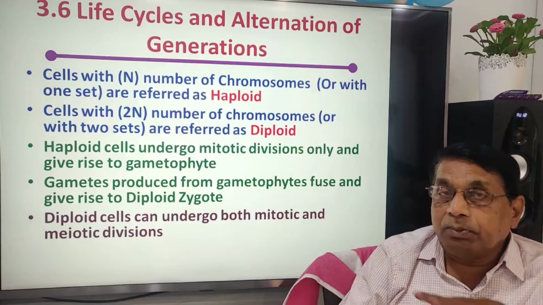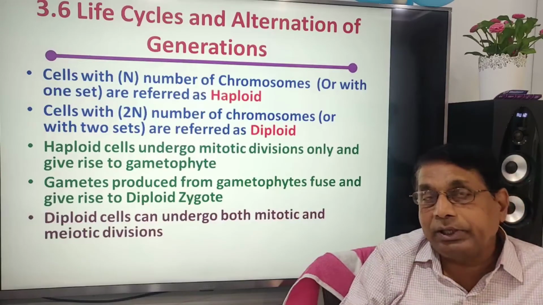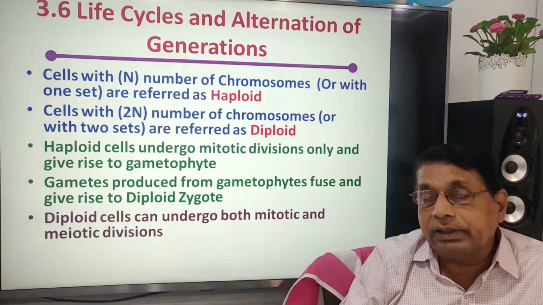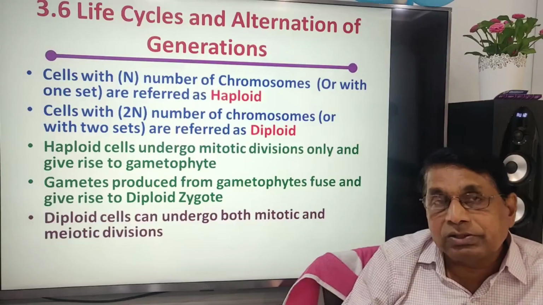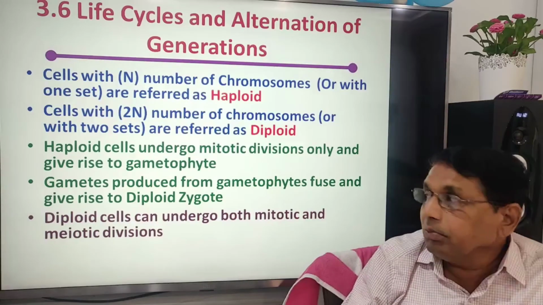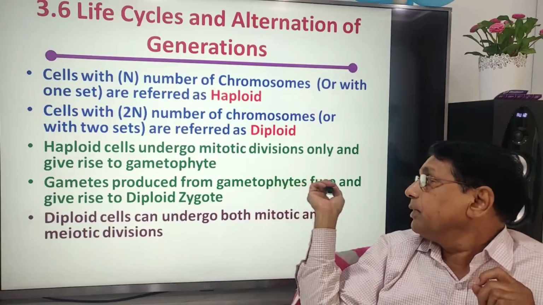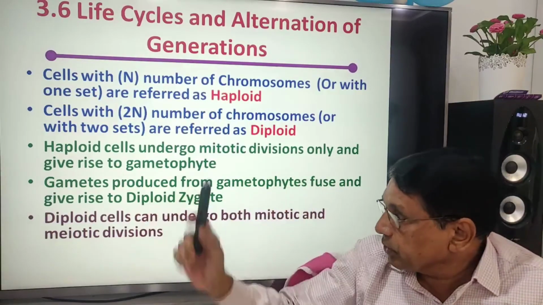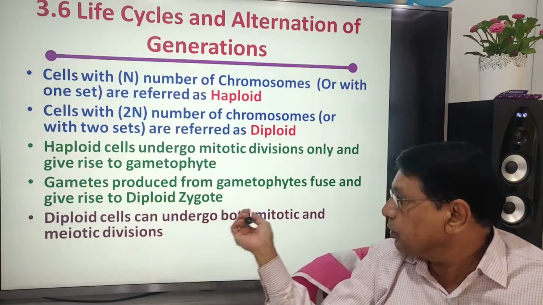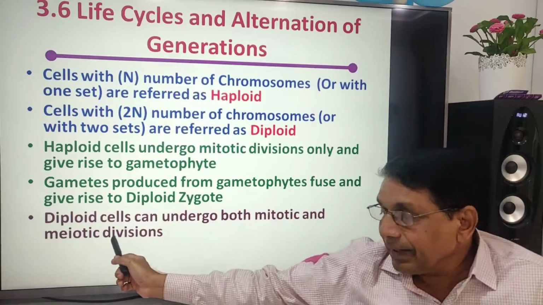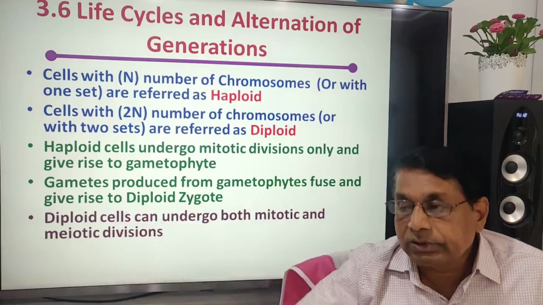I repeat, haploid cells only mitotic, never undergo meiotic. Diploid cells both mitotic and meiotic. Gametes are produced, gametes fuse and form a diploid zygote.